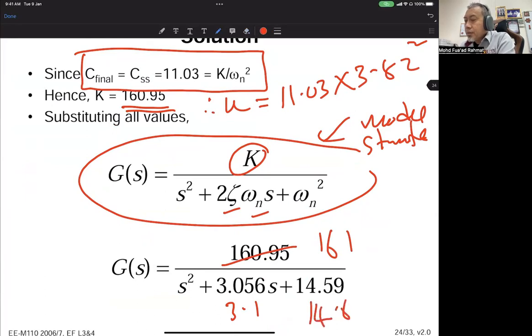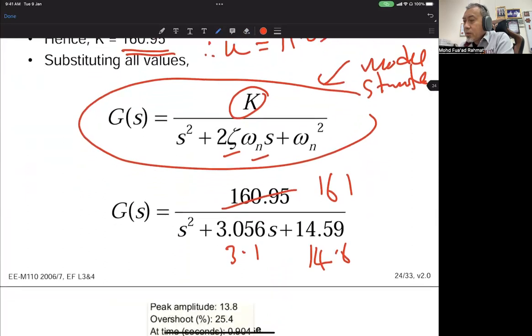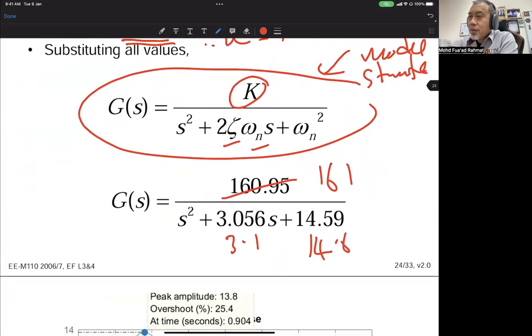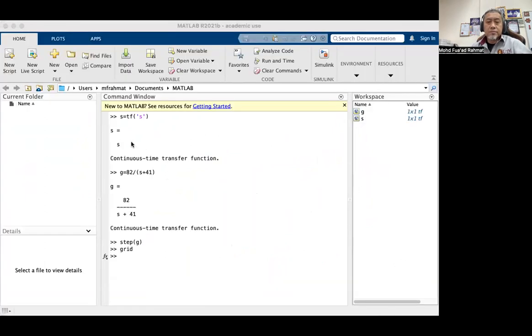Okay, and then we observe the plot. Plot it because it's a second order. Just start as usual the program.